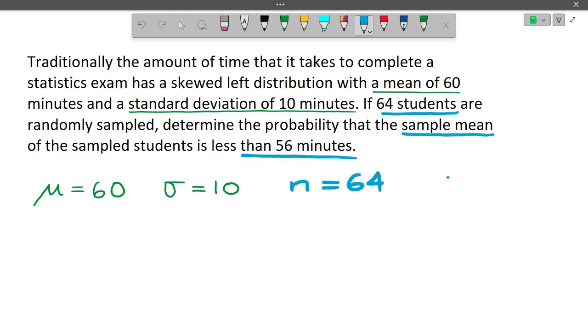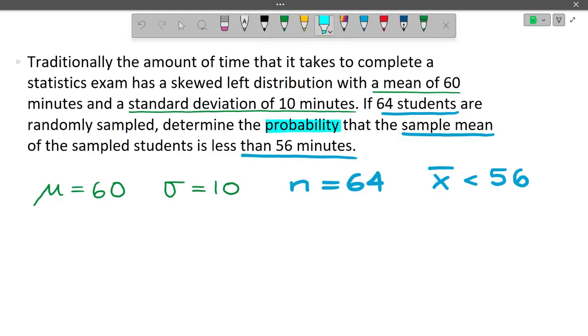So the sample mean, X bar, is less than 56. And ultimately, the problem is a probability question. So that's the big task there. Sort of learning how to dissect all the word problems that are given in this course.